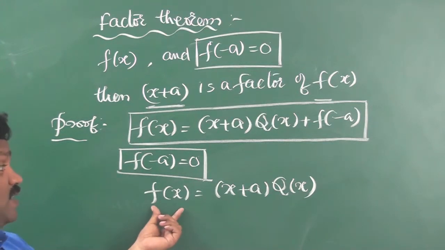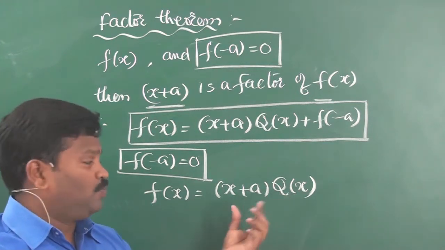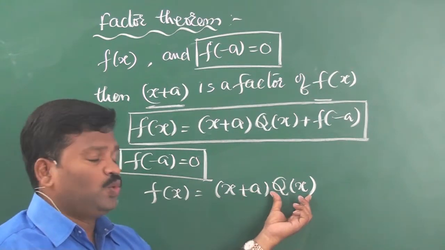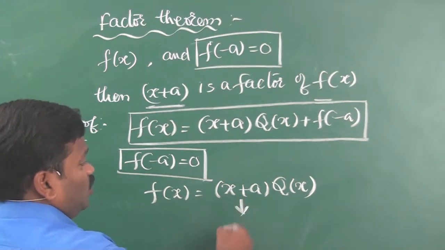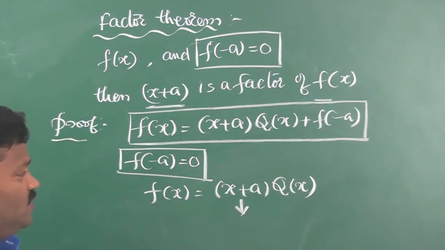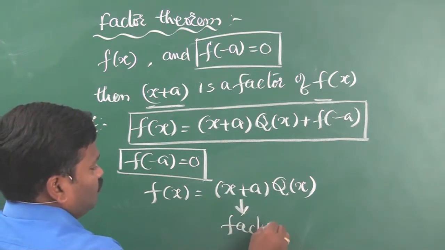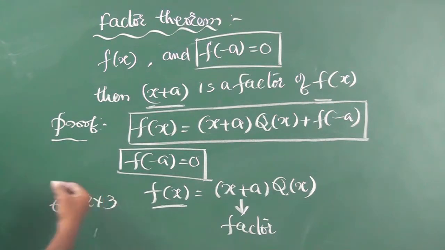Therefore, f of x is split as the product of two factors: x plus a into q of x. Each one is called a factor of f of x. Therefore, x plus a is a factor of f of x. 6 can be written as 2 into 3.